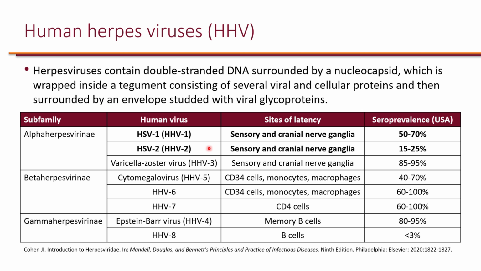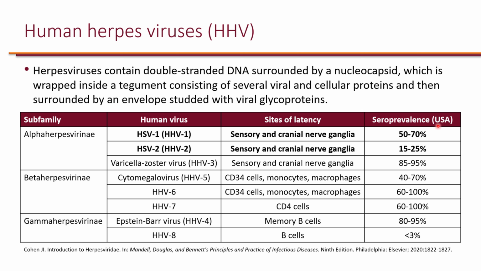Once somebody is infected, they will reside in sensory and cranial nerve ganglia, and they will have a period of latency, and they will periodically get reactivated. And the third member of the alpha family is varicella zoster virus. Sometimes you will hear the term herpes zoster infection, so it's important to distinguish that from the HSV-based herpes infections.